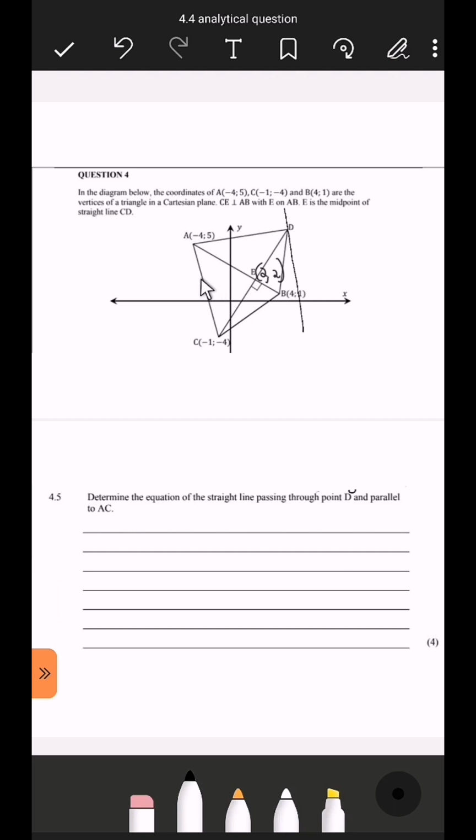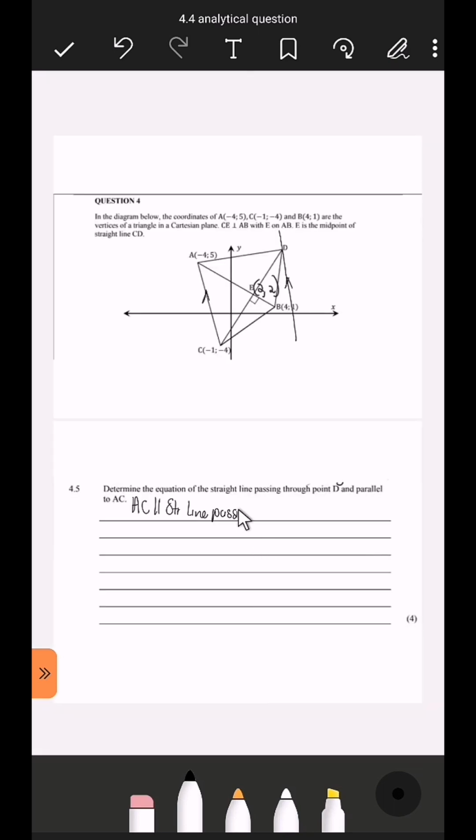Another thing you must know is that if AC is parallel to the straight line passing through D, that means that the gradient of AC is equal to the gradient of the straight line.